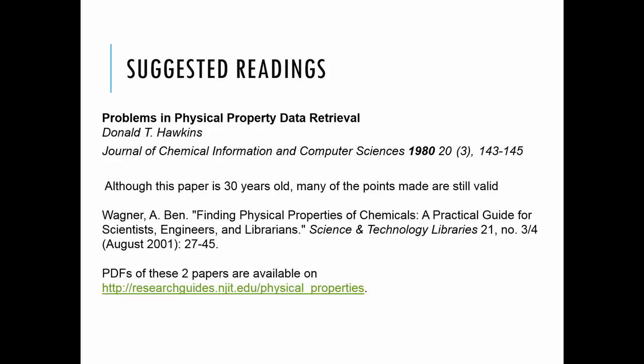The other one is a little bit more recent. 2001 is over 16 years ago already. But they're both on the research guide that I have here, researchguides.njit.edu/physical_properties. And I'm going to refer to that site later in the lecture.